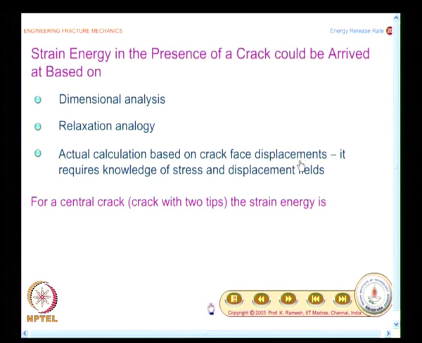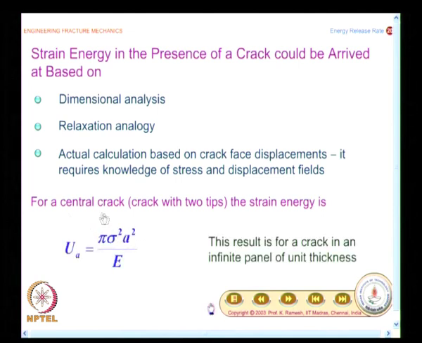For us to do this, we need to know the stress and displacement fields. For our discussion, what we did was we took the available solution for a central crack, and it is emphasized, a crack with two tips. See, it may appear trivial, in fact quite a bit of confusion was there in the initial stages of fracture mechanics for not recognizing this subtle point.